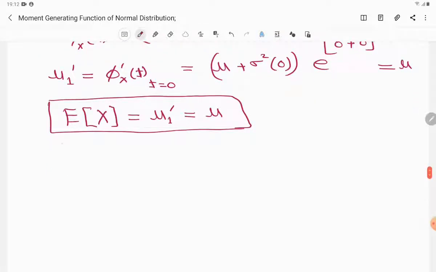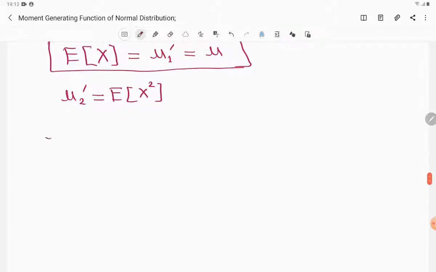So we had discussed earlier that the second raw moment is mu2 dash, which is nothing but E of x square. And then we had discussed that the second central moment, mu2, can be written as mu2 dash minus mu1 dash whole square.